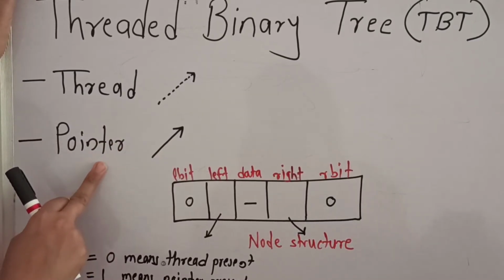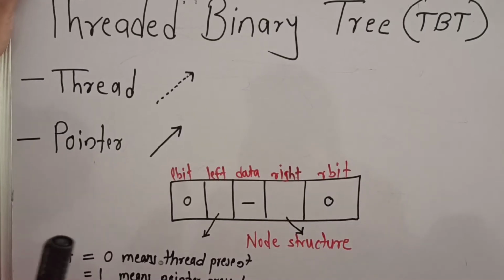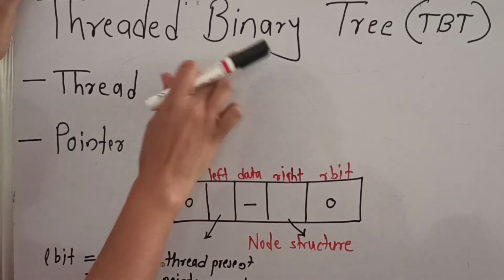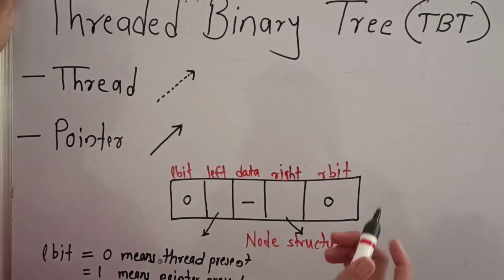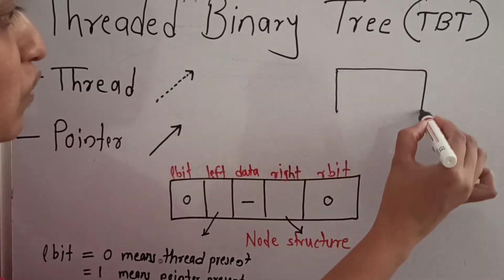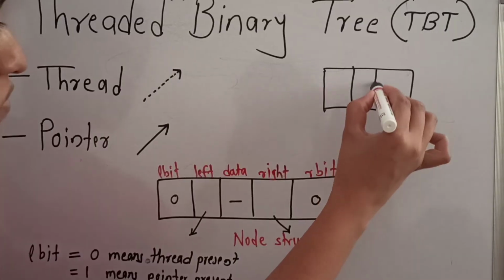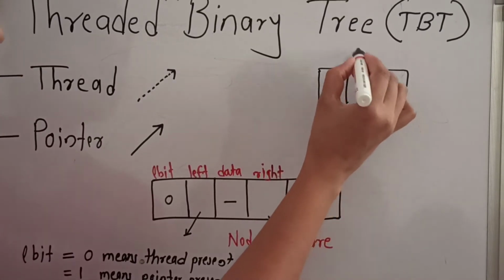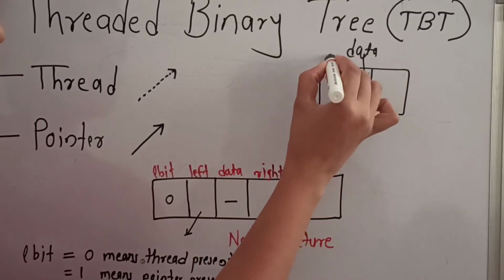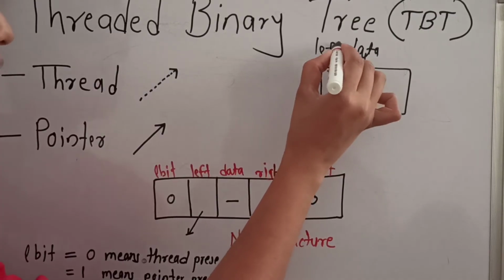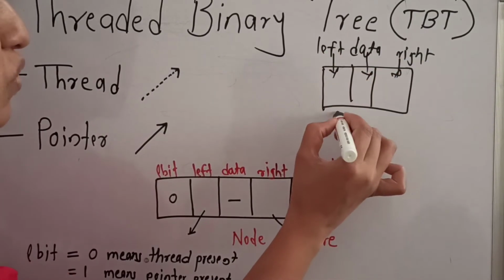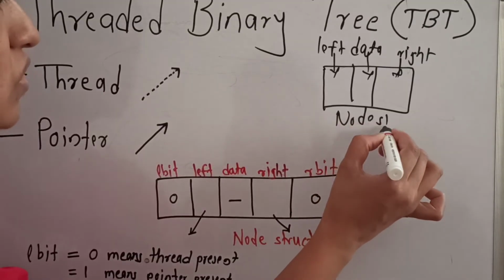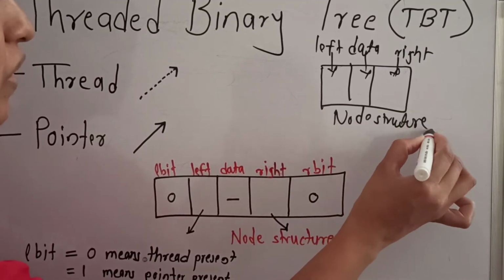For this purpose we have to take the linked list representation of a binary tree. In the linked list representation, we represent each node like this: the data part is here, the left child part is here, and the right child part is here. This is the node structure in case of the binary tree.